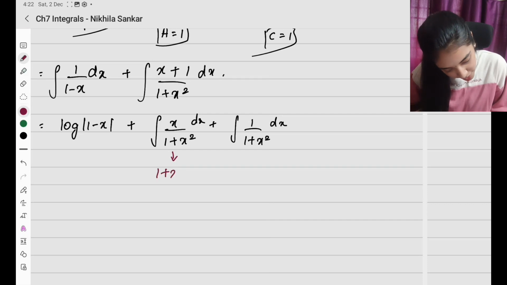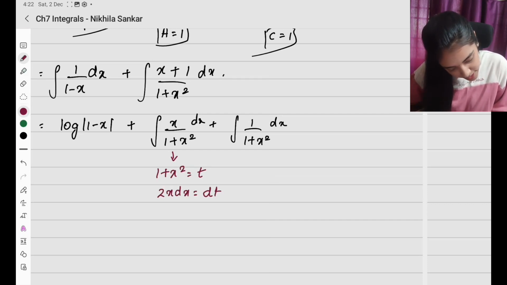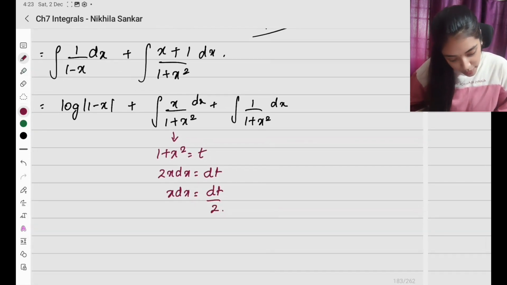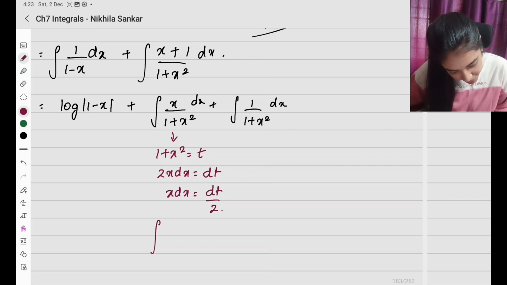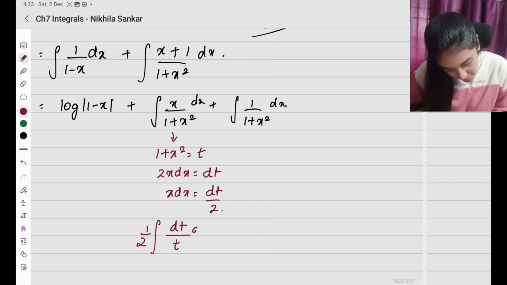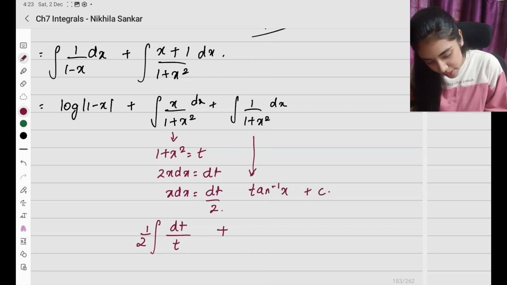So I have 1 plus x square equals t, 2x dx equals dt, x dx equals dt divided by 2. So when I solve the integral, I'll basically have integral of dt by 2, which is 1 by 2 times dt divided by t, plus this particular integral is going to give me tan inverse of x plus a constant. So basically my final answer, how does it look?